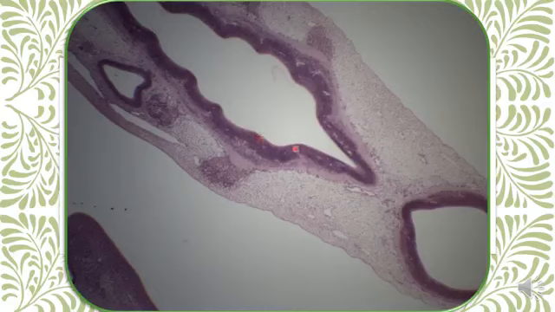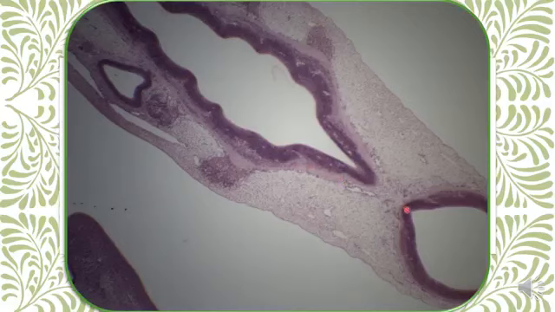The wall of each neural tube consists of the neuroepithelial, mantle zone, and marginal zone.